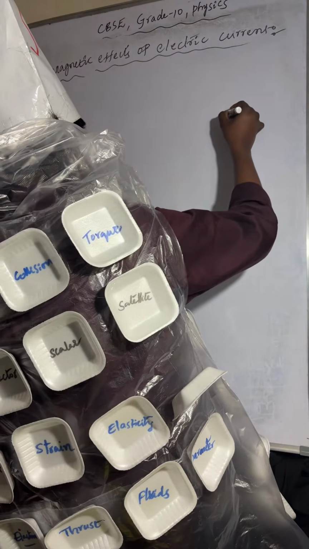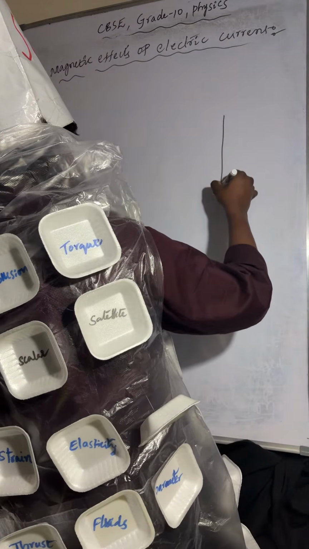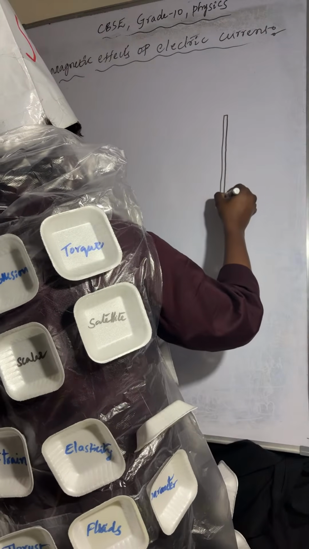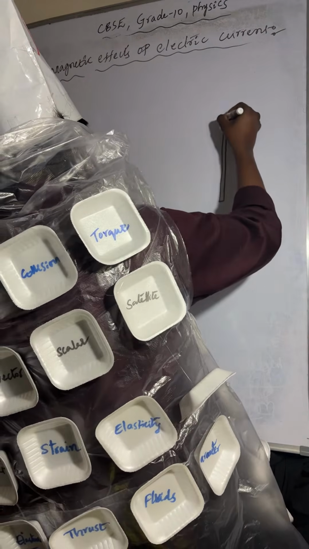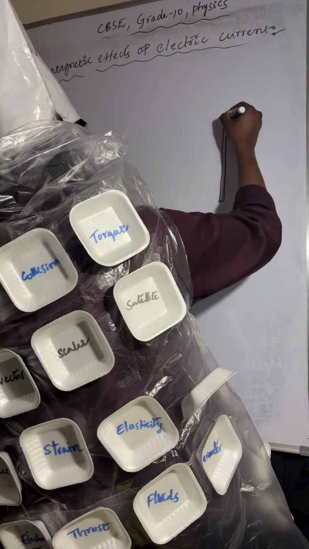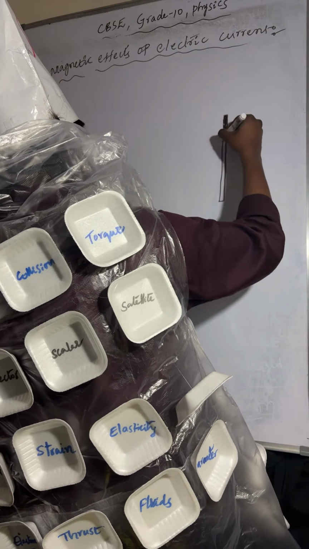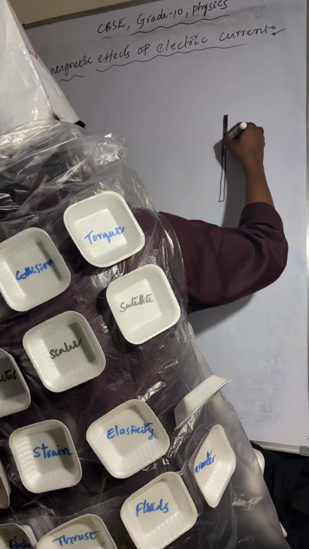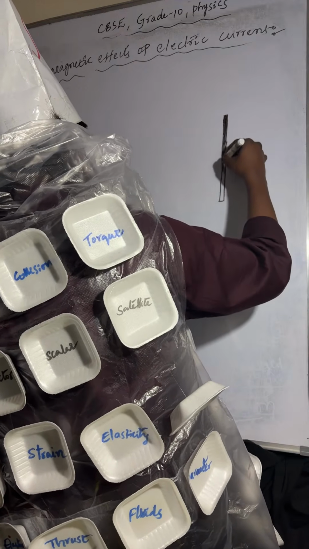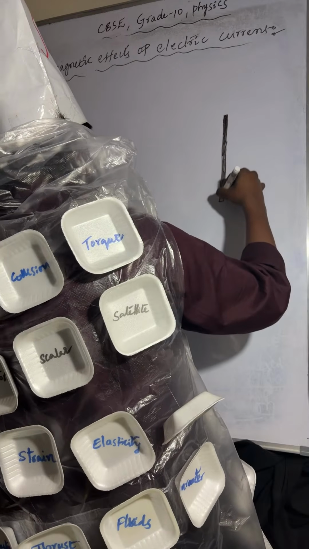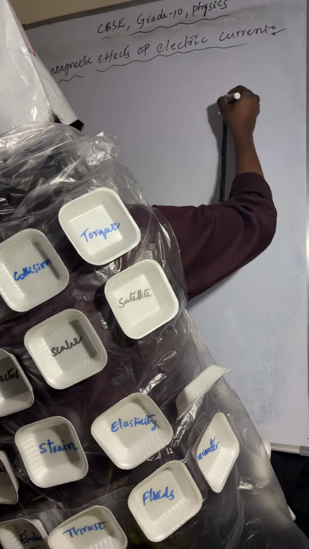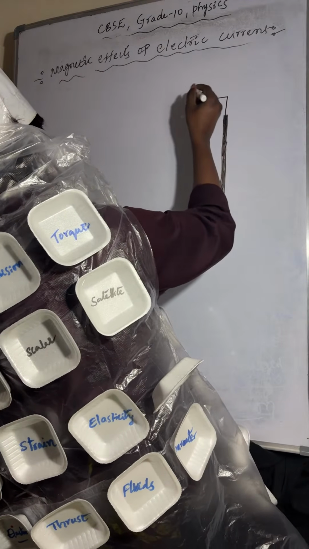So I am taking the conductor, a straight copper conductor like this. This is the straight copper conductor, connected to the ammeter.